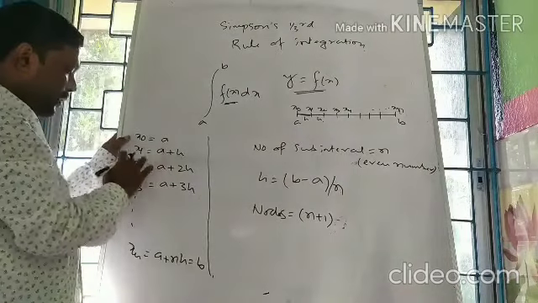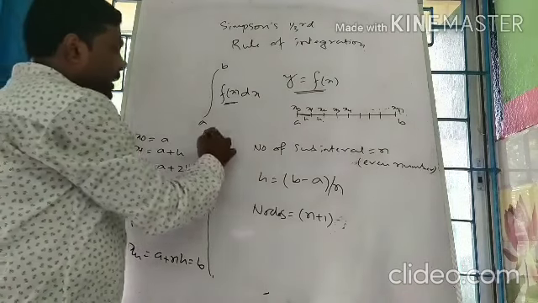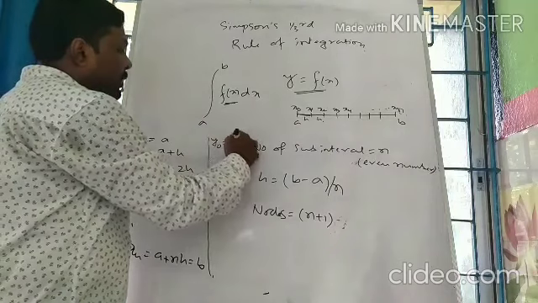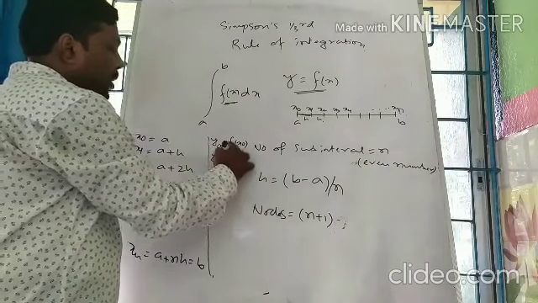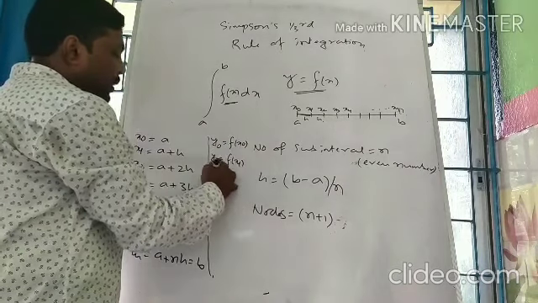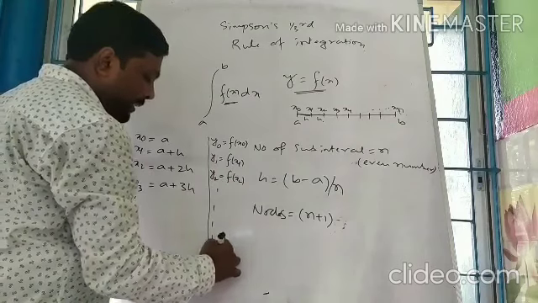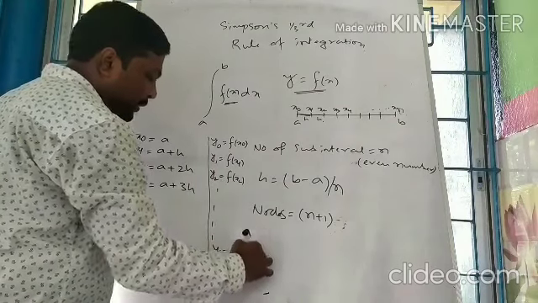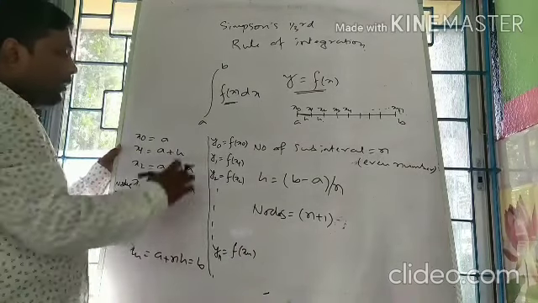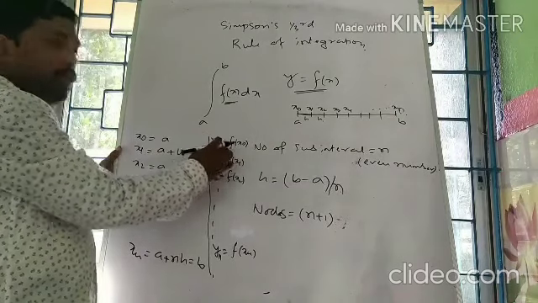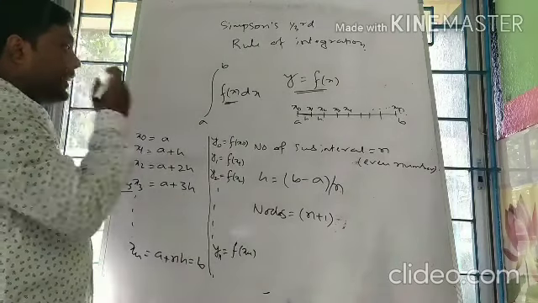Then the nodes are x0, x1, x2, up to xn, and the corresponding ordinates are y0 equals f of x0, the ordinate corresponding to the node x0, y1 equals f of x1, y2 equals f of x2, and yn equals f of xn.